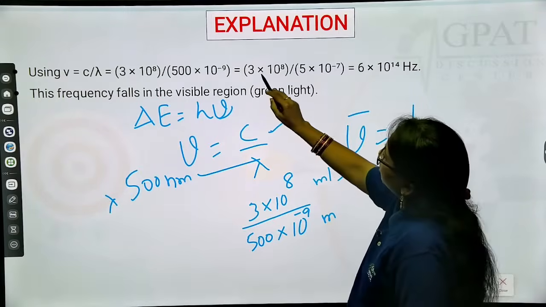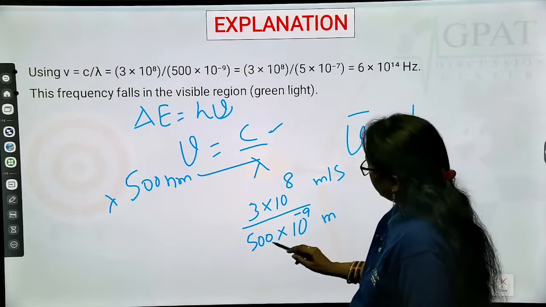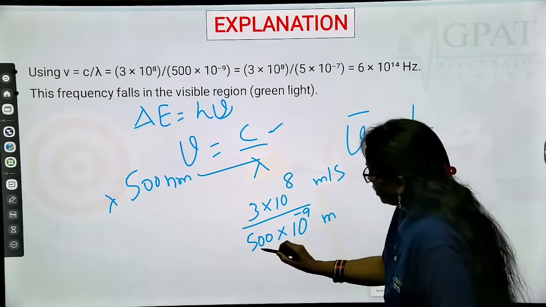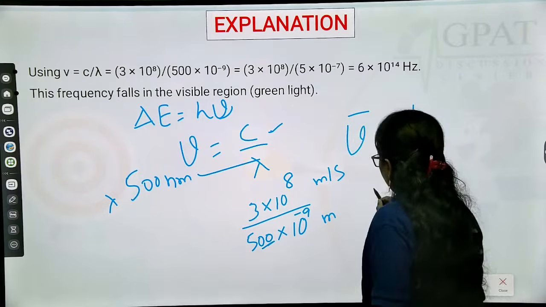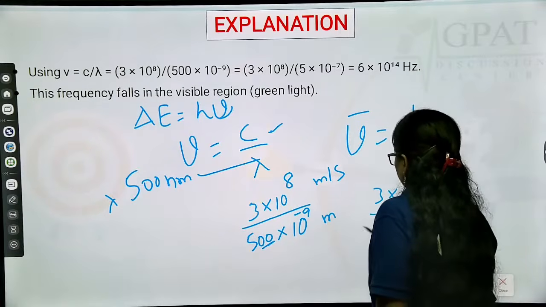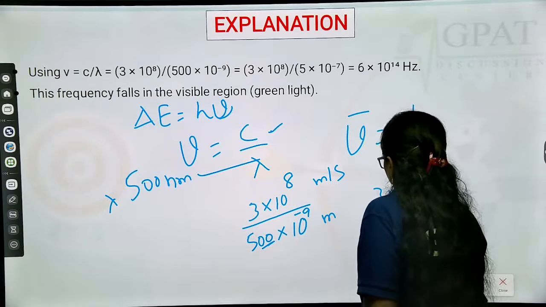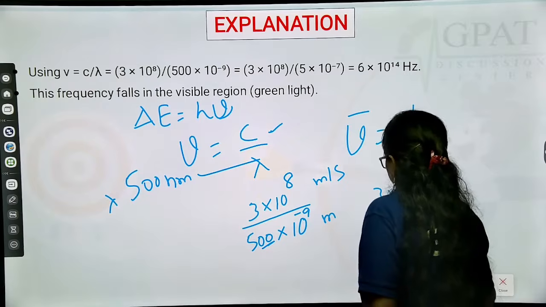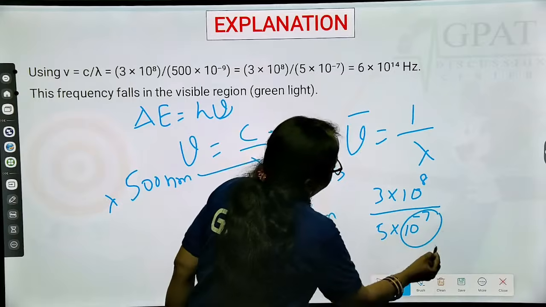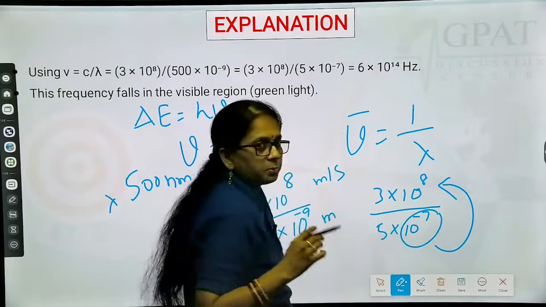So 3 into 10 to the power of 8 divided by 500 into 10 to the power of minus 9. If you solve this, these two zeros cancel, giving 5 into 10 to the power of minus 7. If the factor is minus 7 and it goes up, it becomes plus 7.